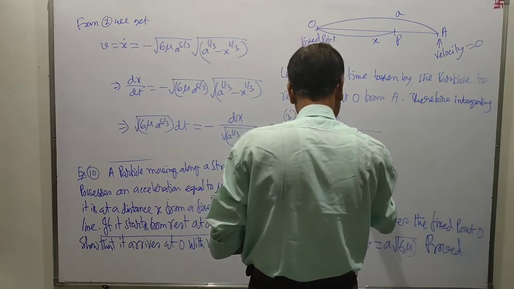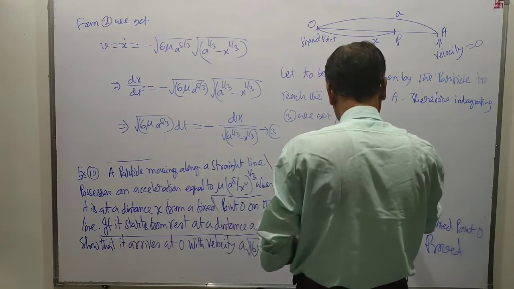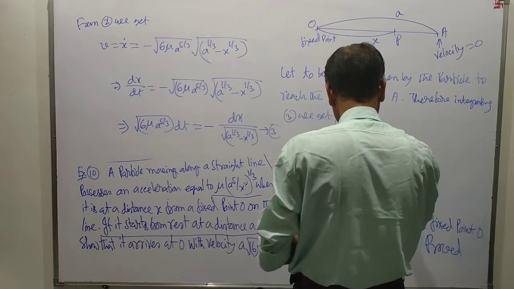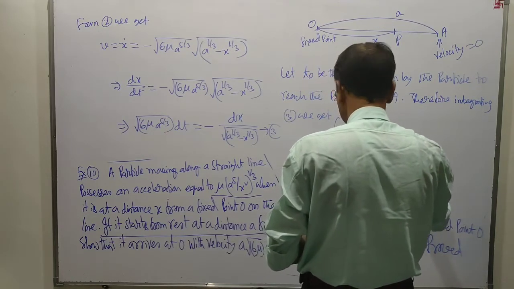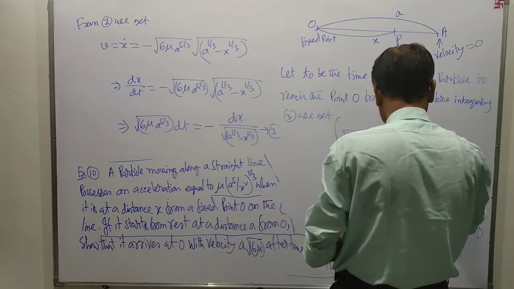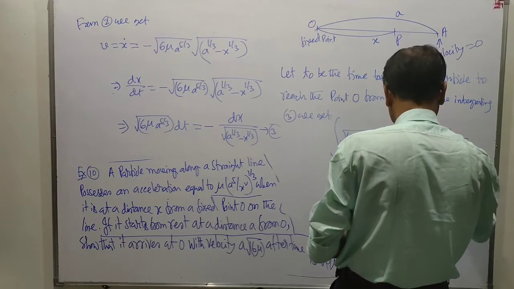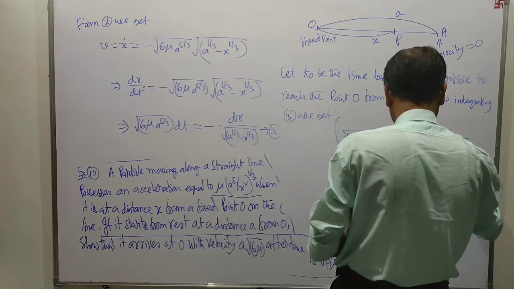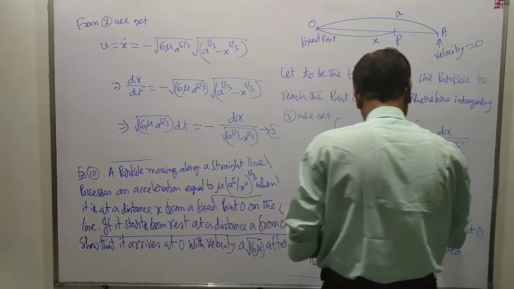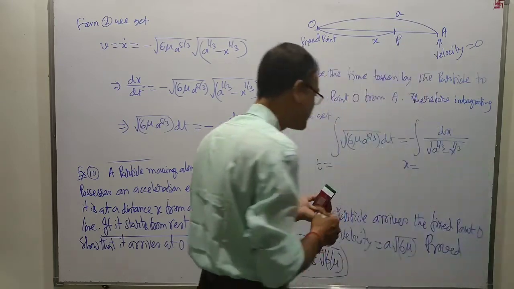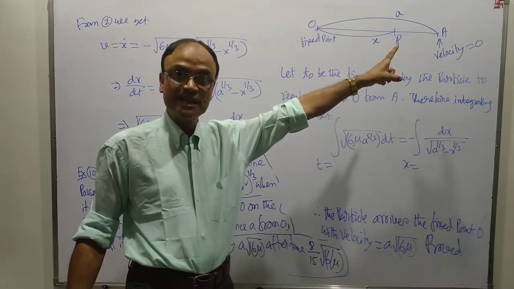integration root of 6 mu a to the power 5 by 3 dt equal to integration minus dx divided by root of a to the power 1 by 3 minus x to the power 1 by 3. Check the initial position.